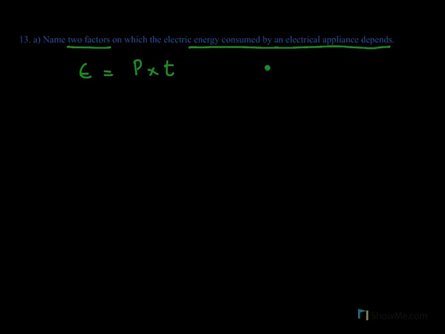So the 2 factors are the power of the device, the rate at which it takes up energy, and the time for which the device is kept on. However, we know that P is also VI, so for P we put VI into T. So you can say the energy depends on voltage and the current drawn by the device.